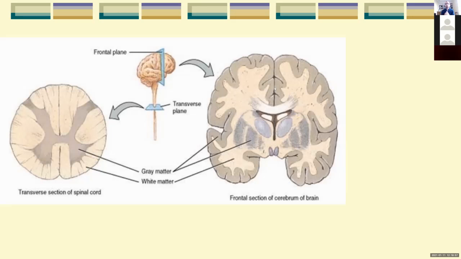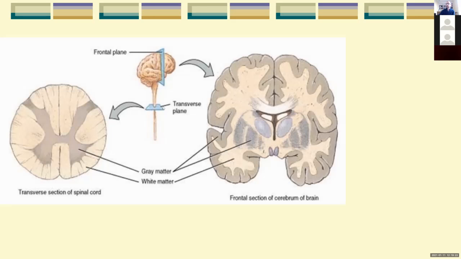And in fact, if you look at brain tissue or spinal cord tissue, you can see where all of the myelinated axons are and where the unmyelinated axons are. Central nervous system tissue itself is usually classified into two different parts. White matter contains all of our myelinated axon neurons.